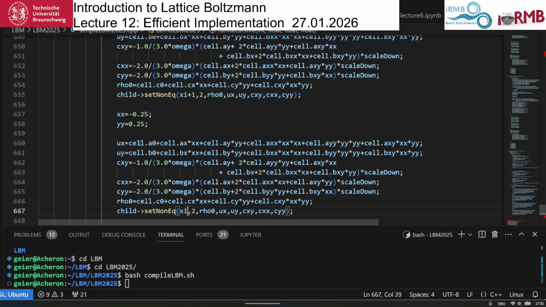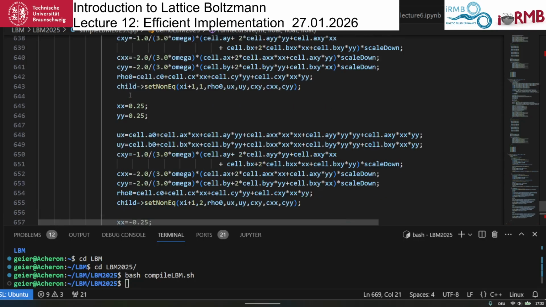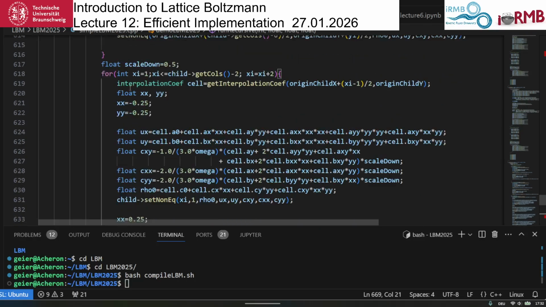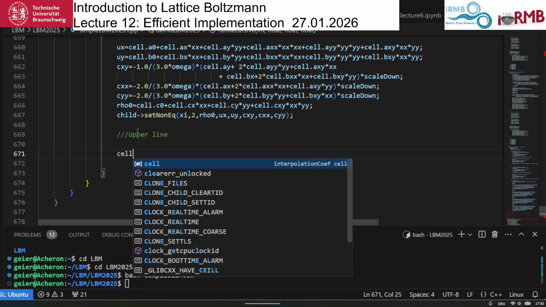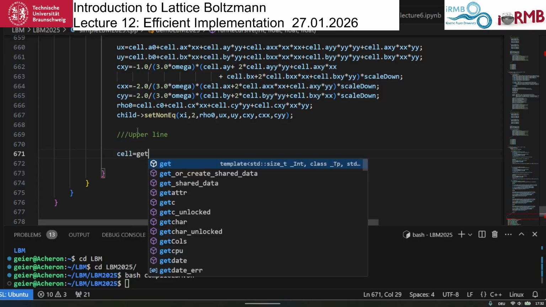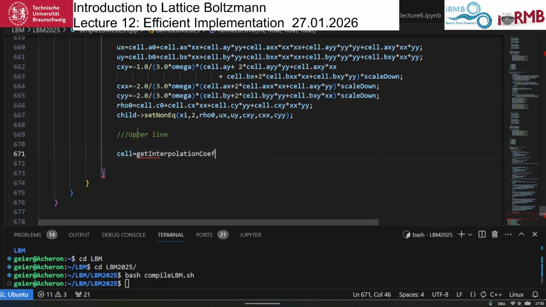So this was the one line, so we do the other line, the opposite. We have to compute a new cell. I don't know whether this is upper or lower, but anyway, it's the other line. So we get cell is equal to get interpolation coefficients.